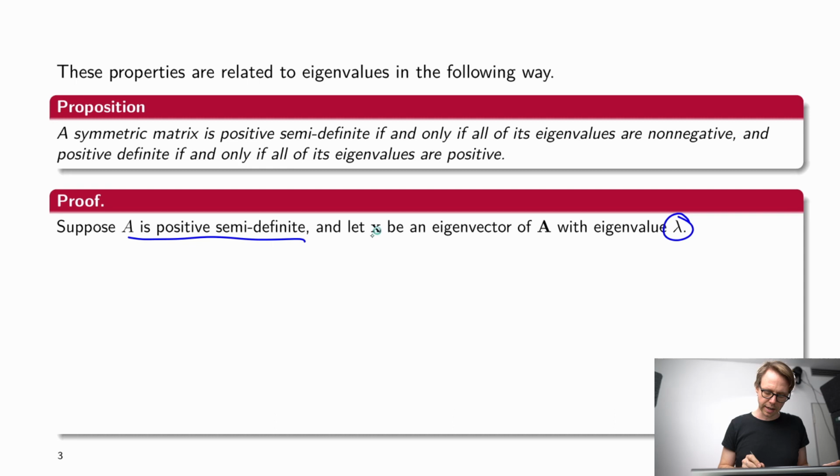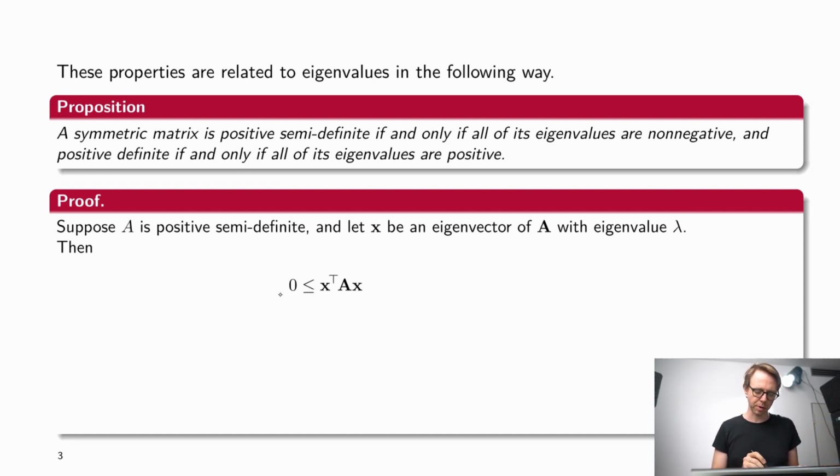Now let x, in this case, be an eigenvector of the matrix. Then 0 is smaller or equal to x transpose Ax. This is using the positive semi-definiteness property of the matrix. And if we now multiply x by A, we get lambda times x, the eigenvalue times x.